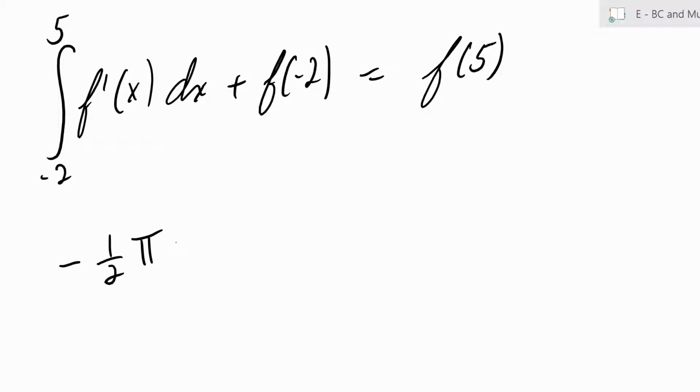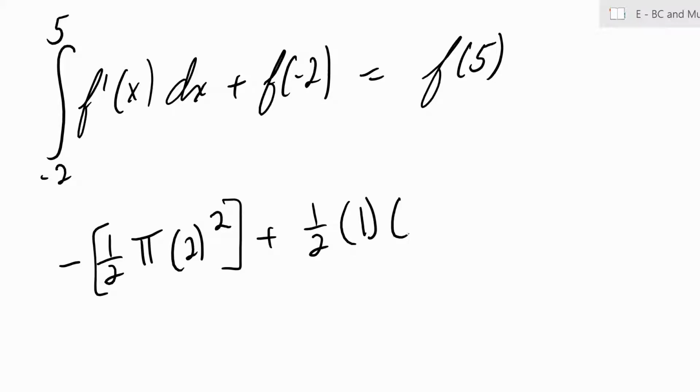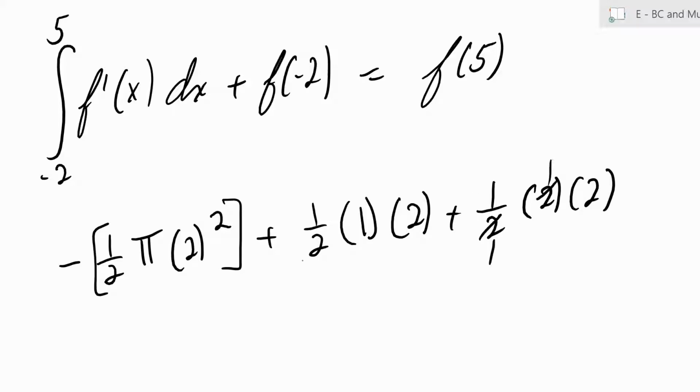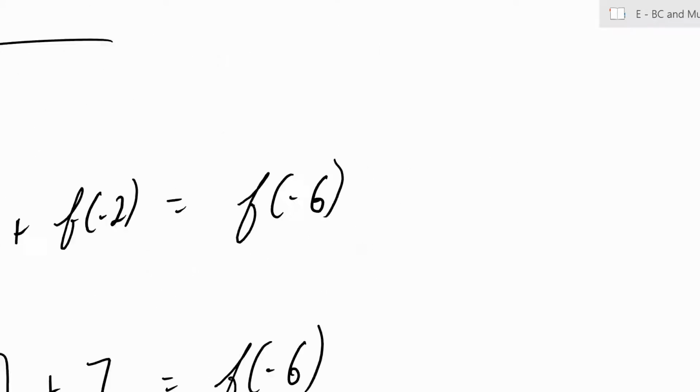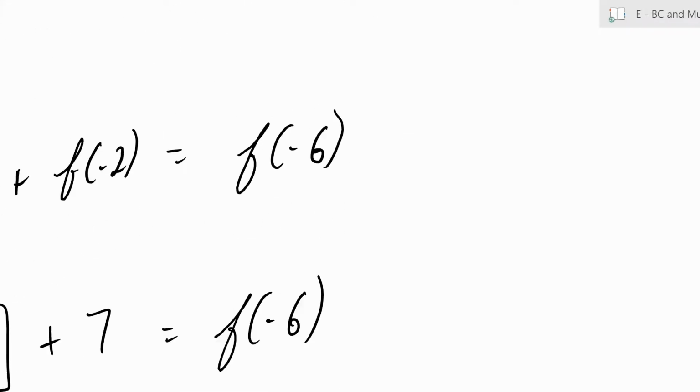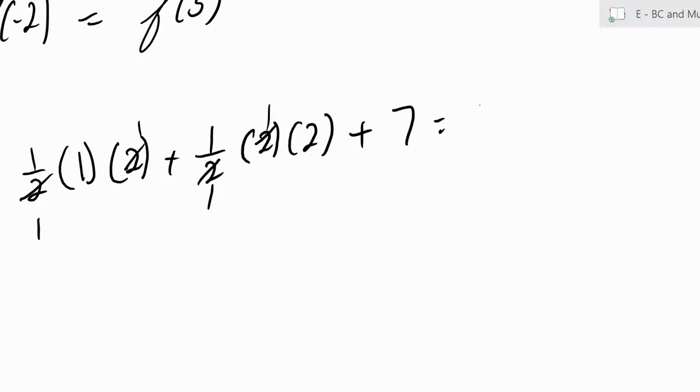So negative 1/2 pi times 2 squared, plus 1/2, that one triangle had a base of 1 and a height of 2, and the other triangle had a base of 2 and a height of 2. These 2's cancel. Oh yeah, plus, what did we say was 7? So plus 7 equals f of 5.